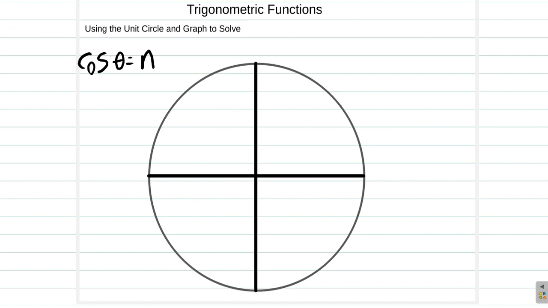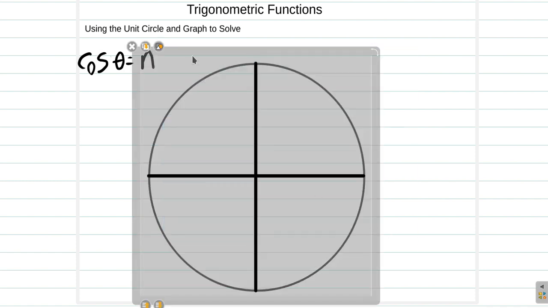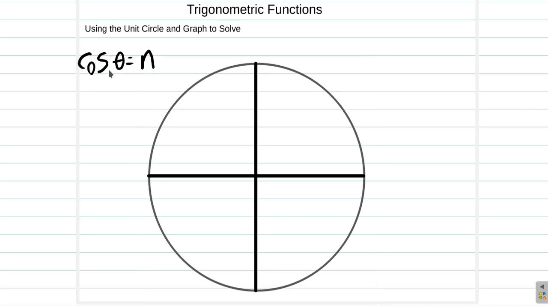So we have 0 degrees, 90 degrees, 180 degrees, 270 degrees, and then 360 degrees after one complete revolution.